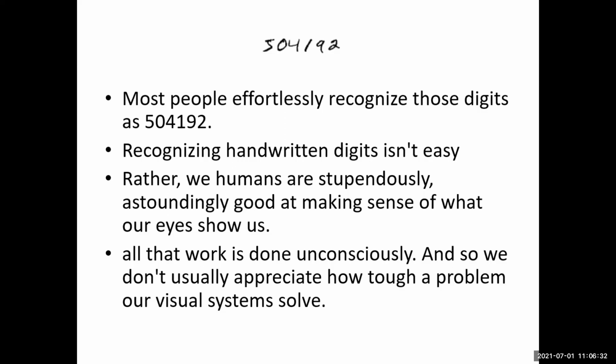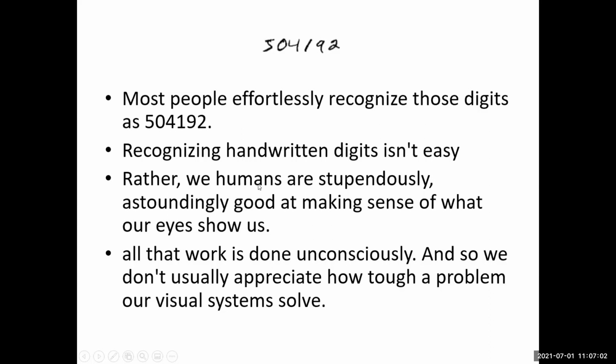So handwriting recognition is an important problem, just like image recognition, and it is image recognition, and it's just one important problem in data science. Most people effortlessly recognize these digits as 504192. But it's not easy.